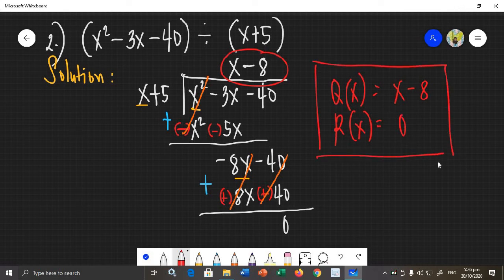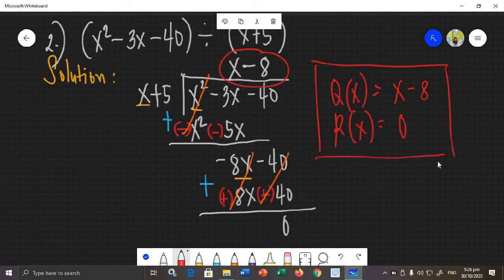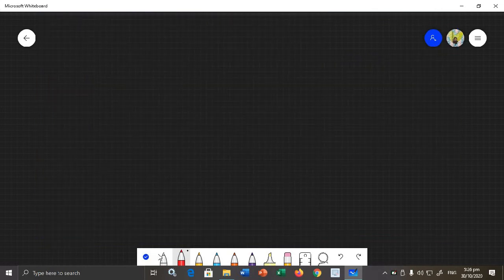So let us solve the last example. So let's say we have this polynomial. Let's say we will divide this using the division algorithm.